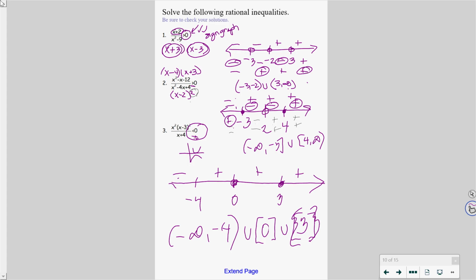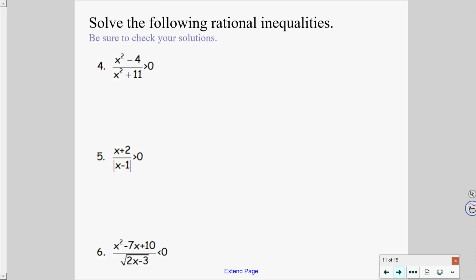Like, look at how quickly we did those 3 problems with sign graphs. It'd be a little more with graphical, right? That's kind of why I like the sign graphs. All right? 3 more. Actually, we're like 5 more, but we'll do 3 first. Okay, so there's 3 of you. So look at the different things I have here, right? I have some i's. I have an absolute value. I've got a radical.